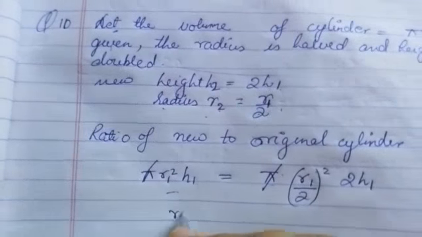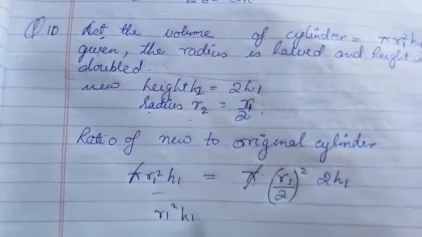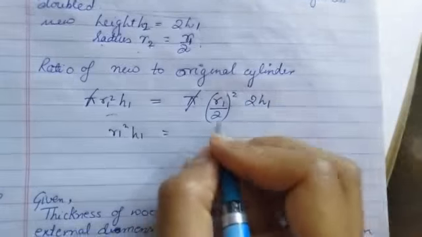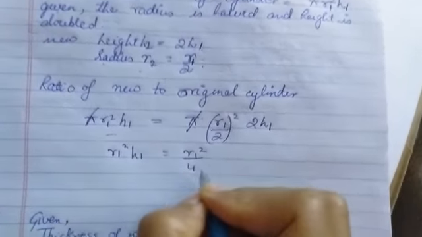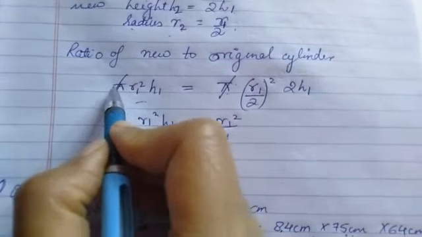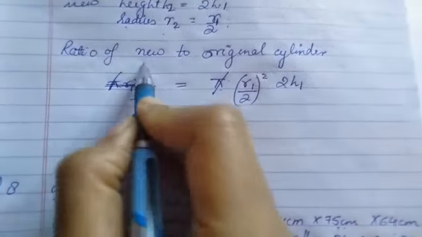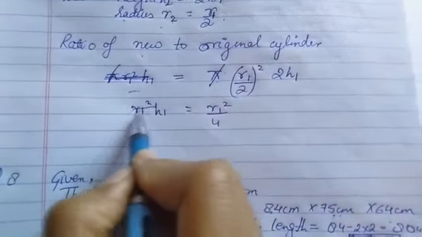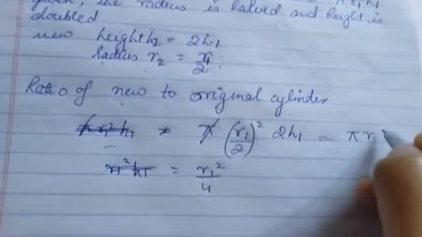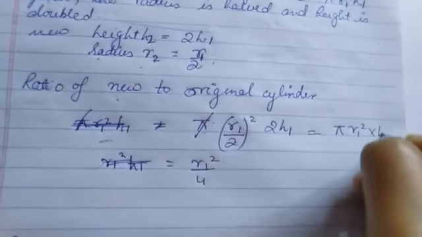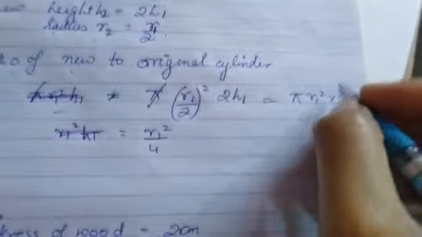Now deducting all this, it will be r1 square h1 is equals to, it will be r1 square by 4. I made a little bit, I made a mistake here. Here the new to the original was there, na? So this one is the new height. Original will come here. Pi r1 square into h1.